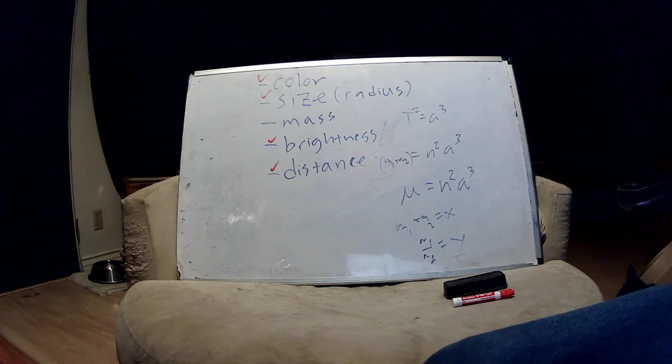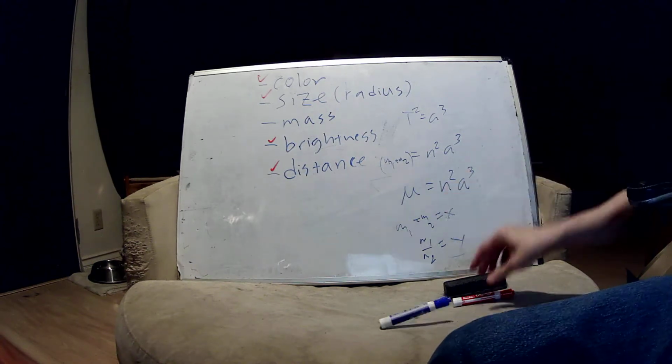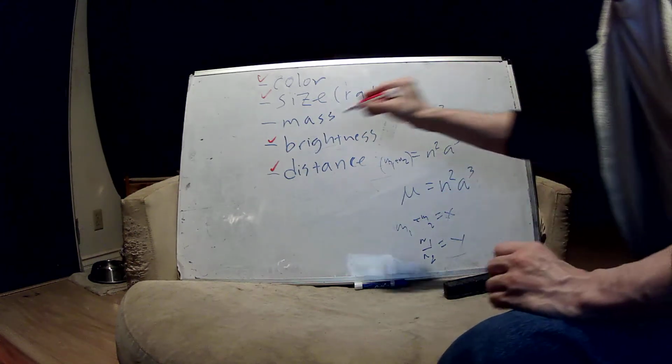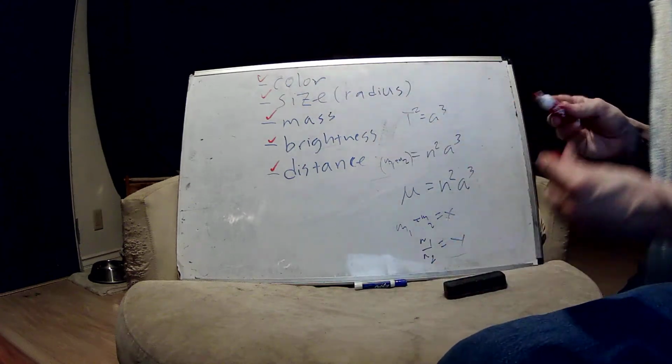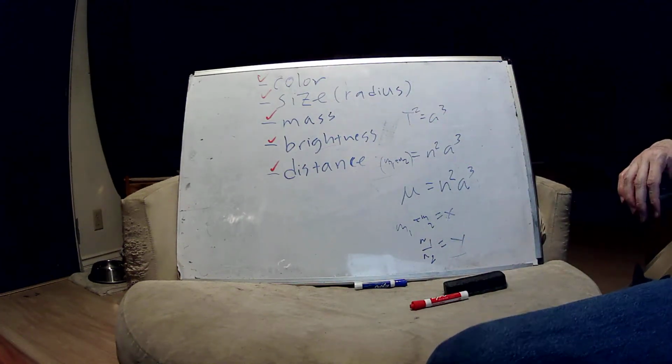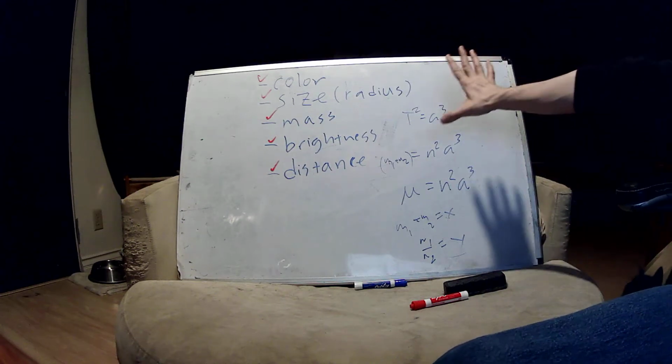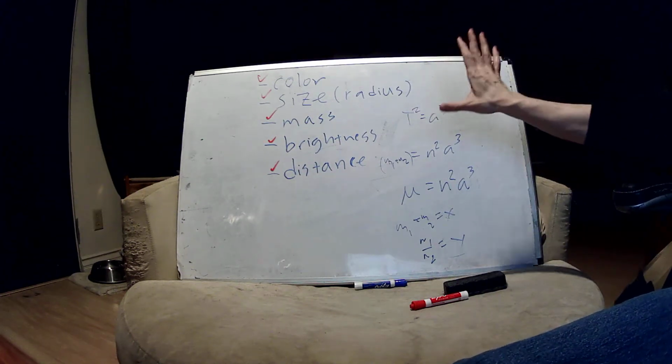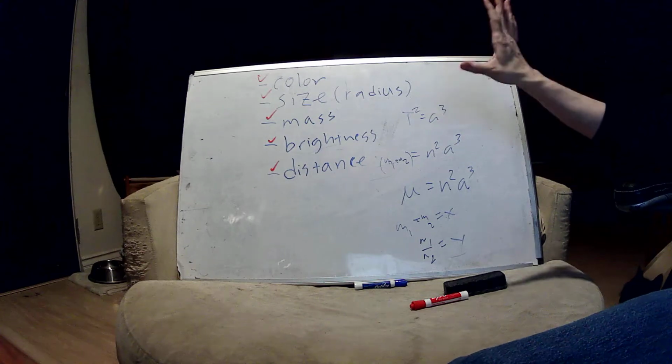And essentially, using this kind of analysis, we can basically solve for the mass of stars. Ta-da! Okay, that means we've basically nailed down all of the major characteristics of stars.